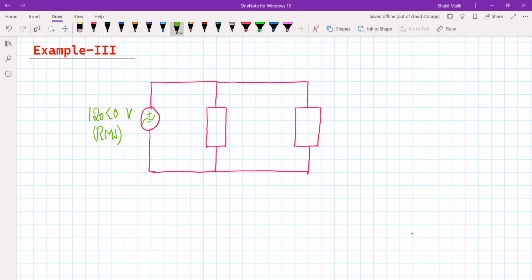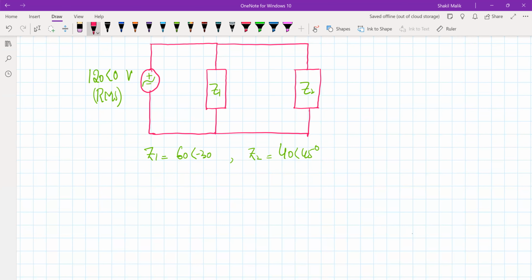Z1 is the impedance of this element, and Z2 is the impedance of this element. We are given Z1 as 60 at an angle of minus 30 degrees, and Z2 as 40 at an angle of 45 degrees.